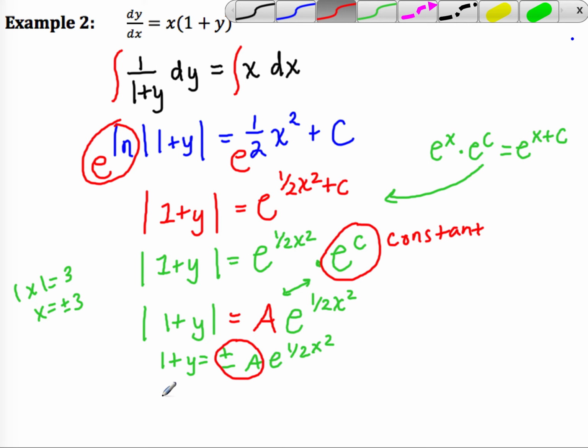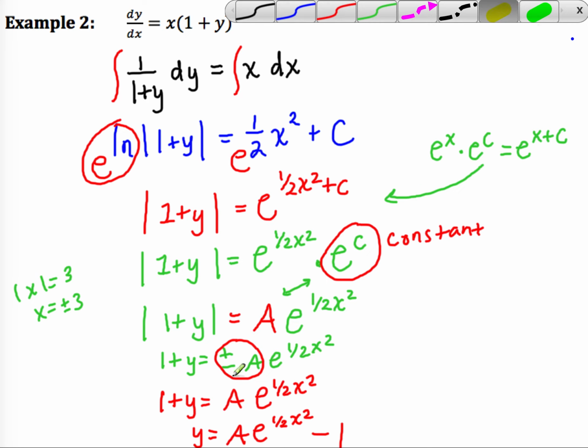It's still just a constant. So we have 1 plus y is equal to a e to the 1/2 x squared. And we're almost done. We just need to isolate our y value, and we get y equals a e to the 1/2 x squared minus 1. And that is our general solution here.